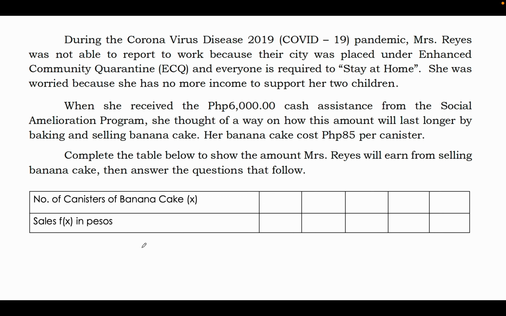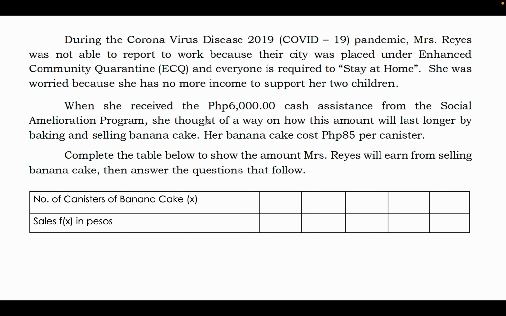Ano yung independent variable natin? So, of course, we need to understand the problem first. Kapag hindi natin naiintindihan sa unang basa, basahin ulit natin. So, the problem actually is about her sales sa banana cake na kanyang binibenta, right?